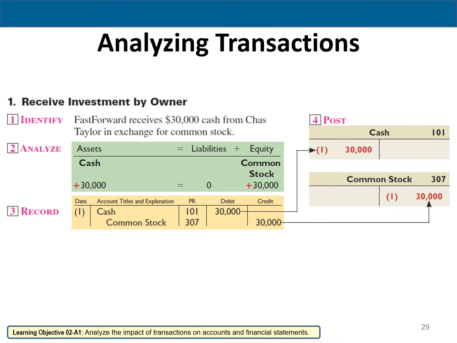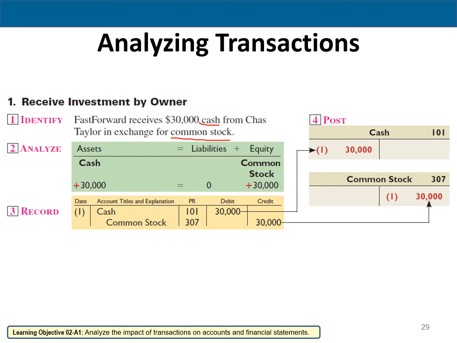Okay, so in transaction 1 here, we're receiving an investment by an owner. So Fast Forward receives $30,000 cash from Chaz Taylor in exchange for common stock. So what 2 accounts are affected? Yeah, cash and common stock, right? And so cash is what type of account? It's an asset account.